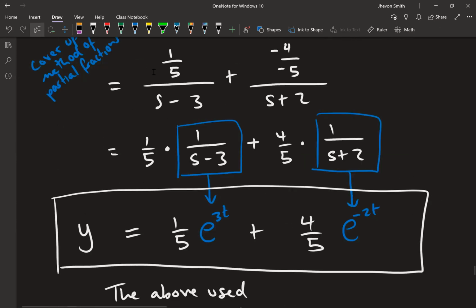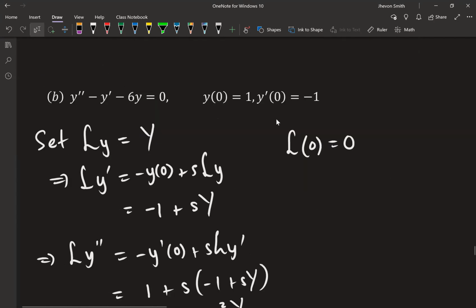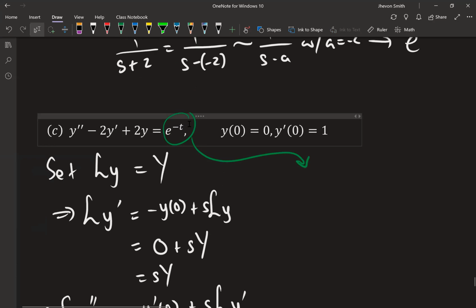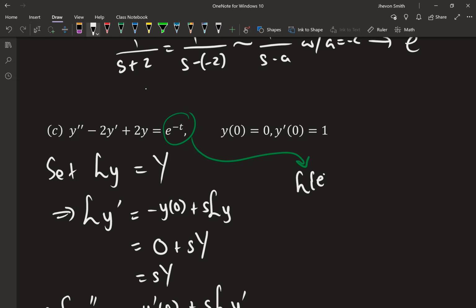And in fact, I never really ignored it. I always mentioned that I did consider it. What is the Laplace transform of e to the minus t? Correct. Laplace transform of e to the minus t is going to be 1 over s plus 1.